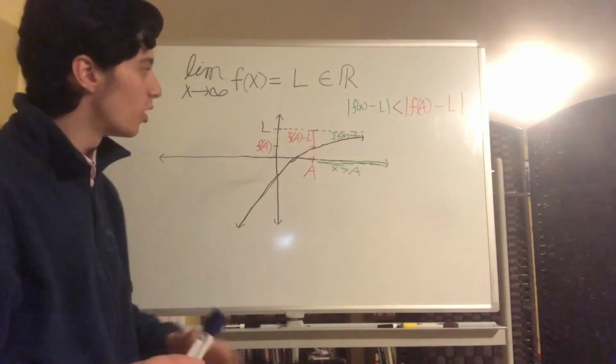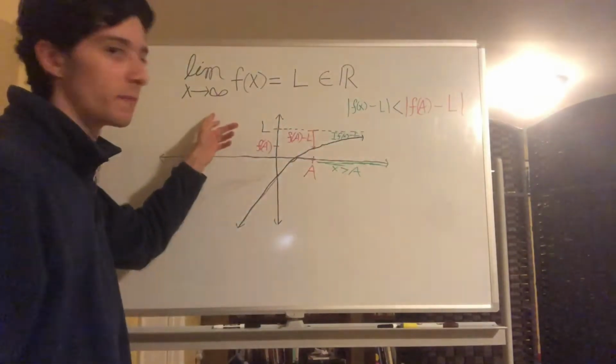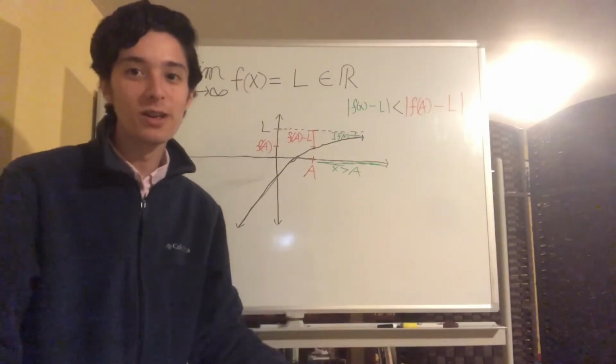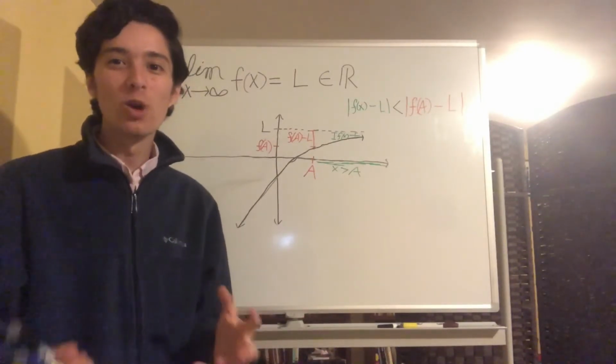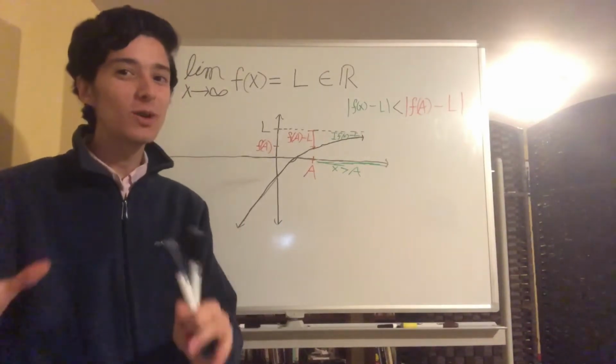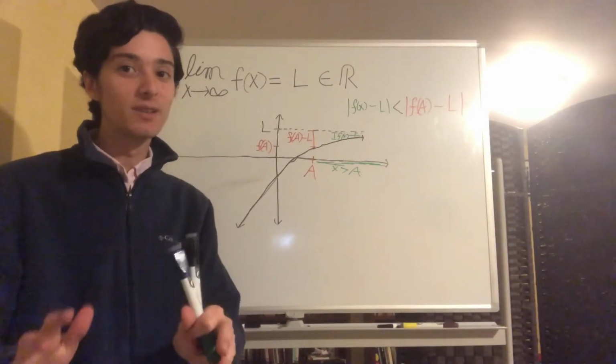But again, we know that this exhibits the limit that we want. And like last episode, it doesn't matter that this can work for any x coordinate. We're just caring about coordinates of x that are very large. So we know that there has to be some sort of A that we can find.